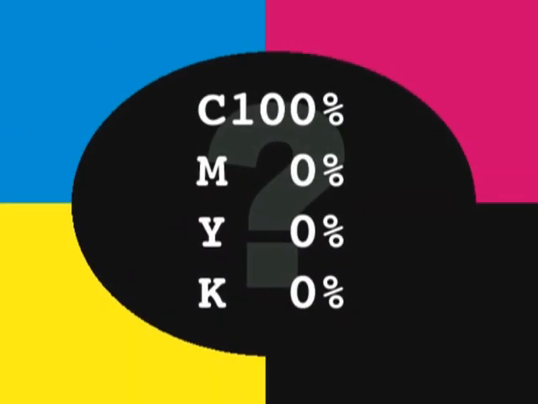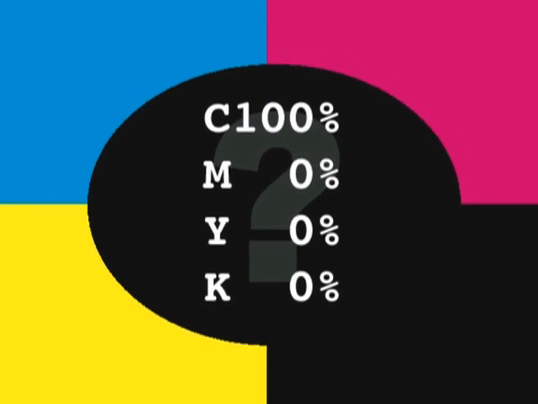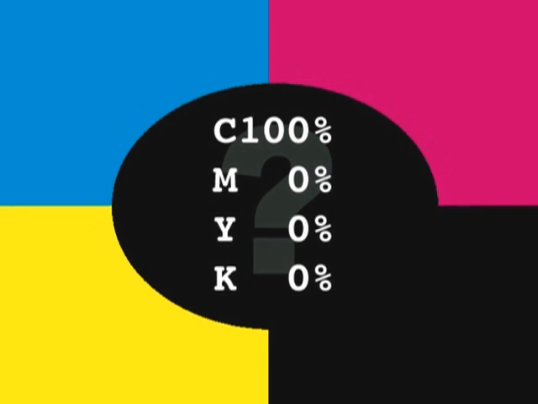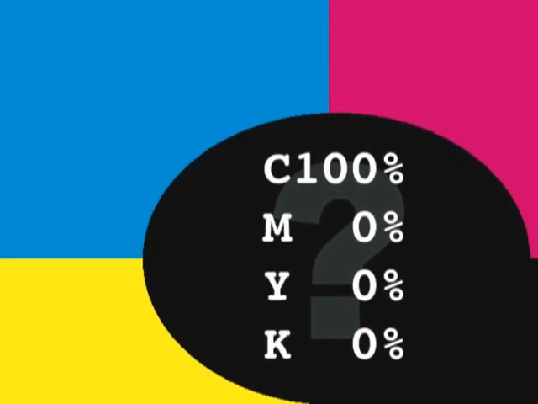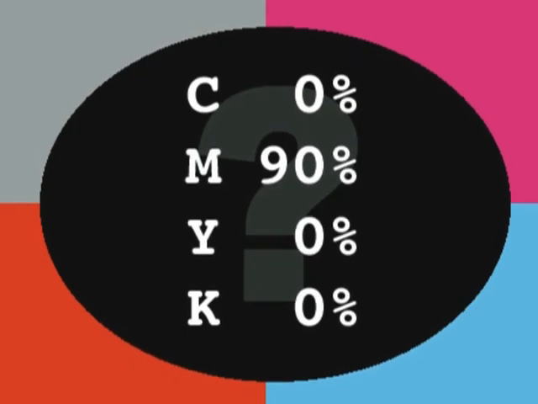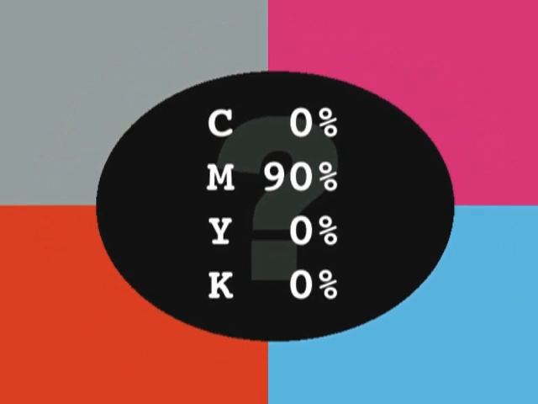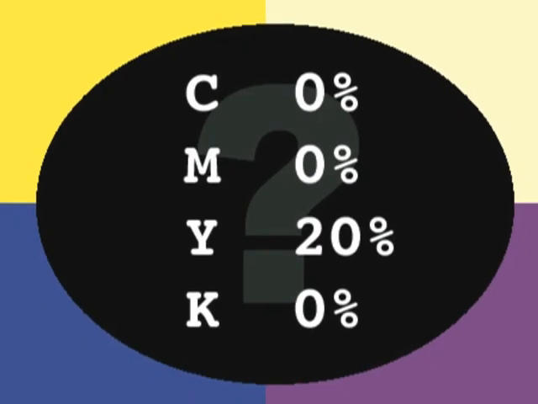Here are some more exercises. Which one of these colours is the one represented by the CMYK values shown? Here's another one. Which colour goes with these numbers? Here's another one.